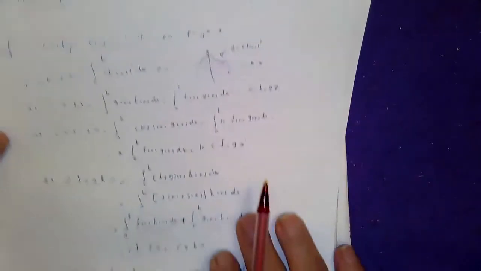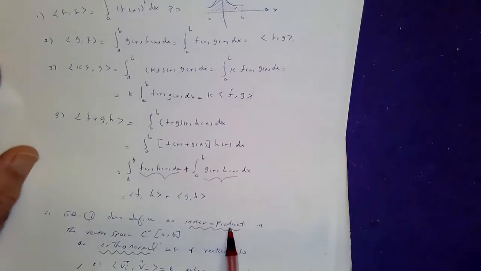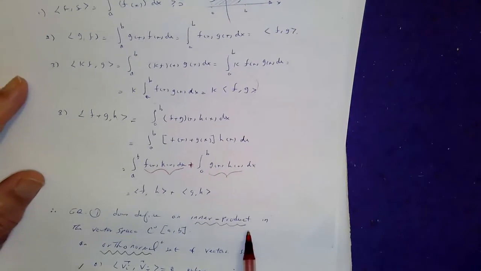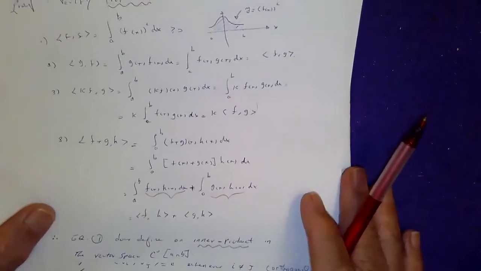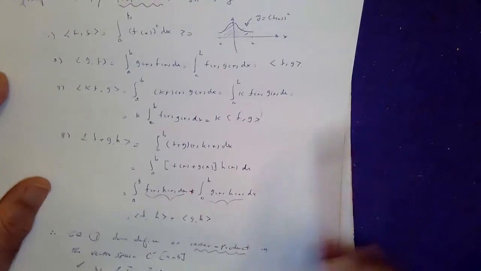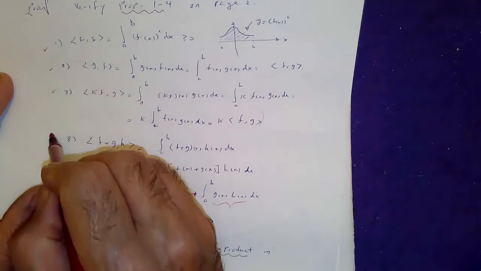So equation number one does define an inner product in the vector space of continuous functions. It does define an inner product space because all four conditions were satisfied.